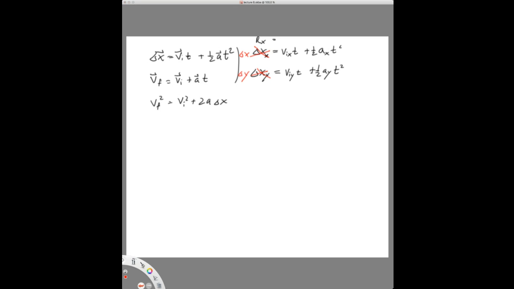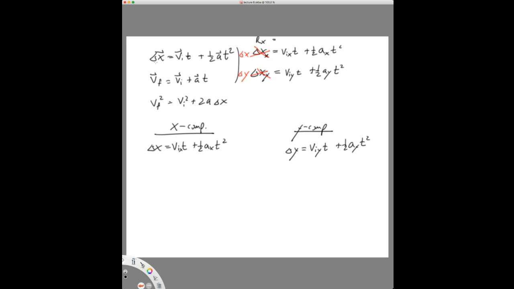Okay? So our equations become, we have the x components over here and the y components over here. The x component equation is going to look like delta x equals v initial x t plus 1/2 a x t squared. And on the right-hand side, we have delta y equals v initial y t plus 1/2 a y t squared.